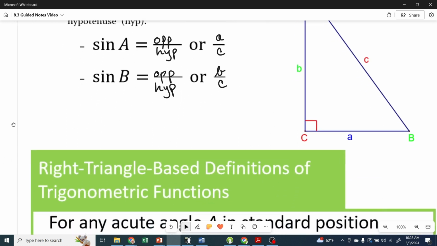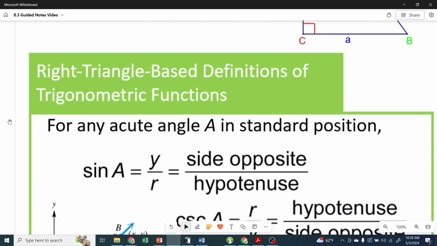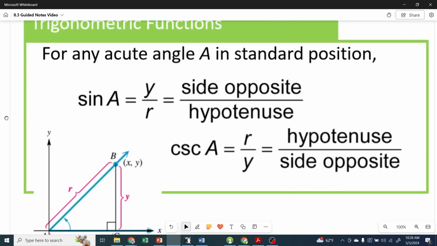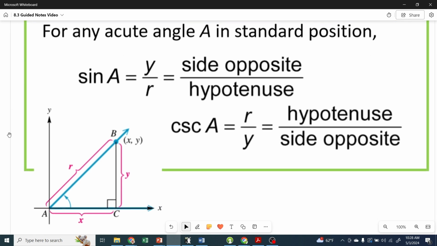Now, if we take a look at this trig function relative to the standard position, which is in the first quadrant of a Cartesian plane, or the XY plane, and we have a ray going through from point A to point B, we create this triangle here. B is at point XY. This is what we call R, just because it'll be like a radius of a circle.